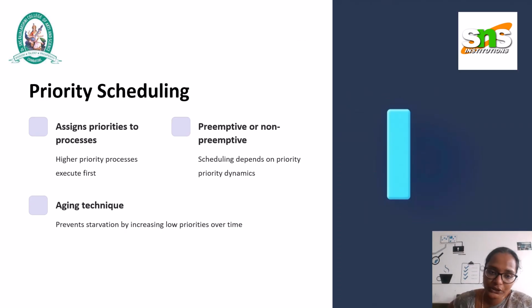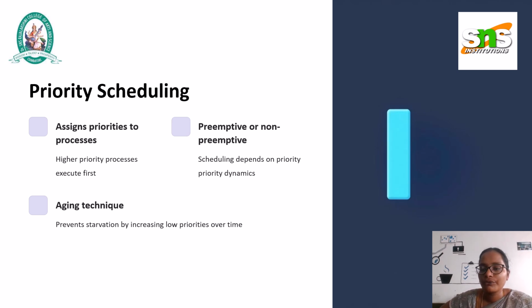Next, priority scheduling. Priority scheduling is based on the priority of a task. Some tasks you don't want to execute at that time, but some tasks you want to execute immediately, and that is called a priority task.